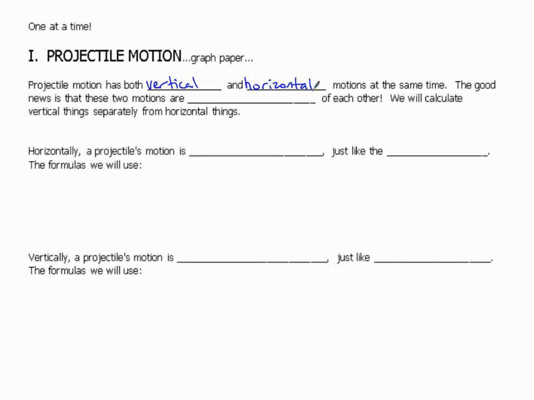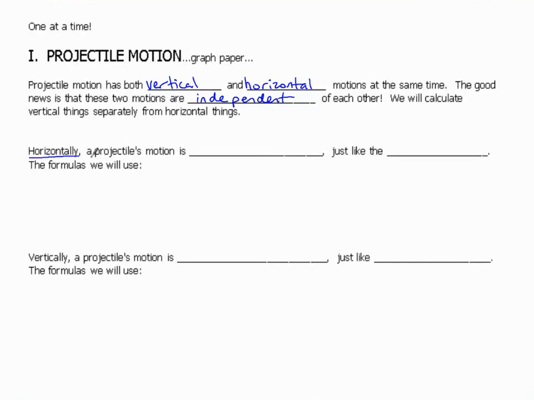The good news is that these two motions are independent of each other. It makes it easier to work with because we only look at the horizontals and then we only look at the verticals. We'll calculate vertical things separately from horizontal things.